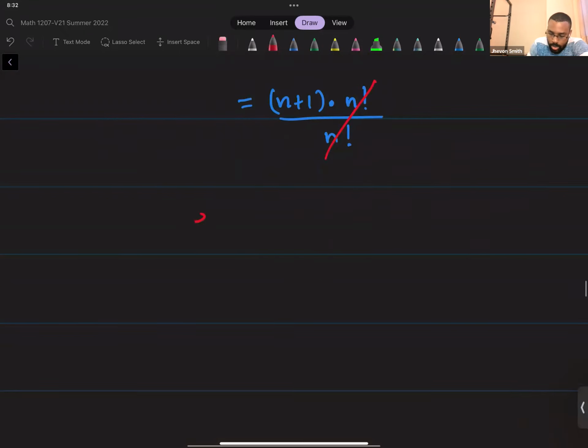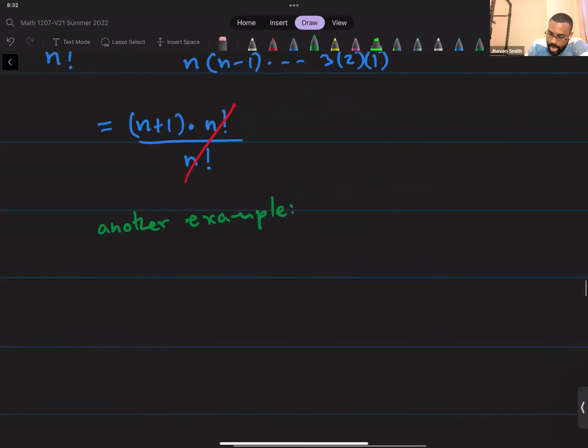So here's another example. Let's say I had an expression with my a_n looking like, let's say, 2n plus 1 factorial. Then if I look at a_(n+1) divided by a_n, what would happen?